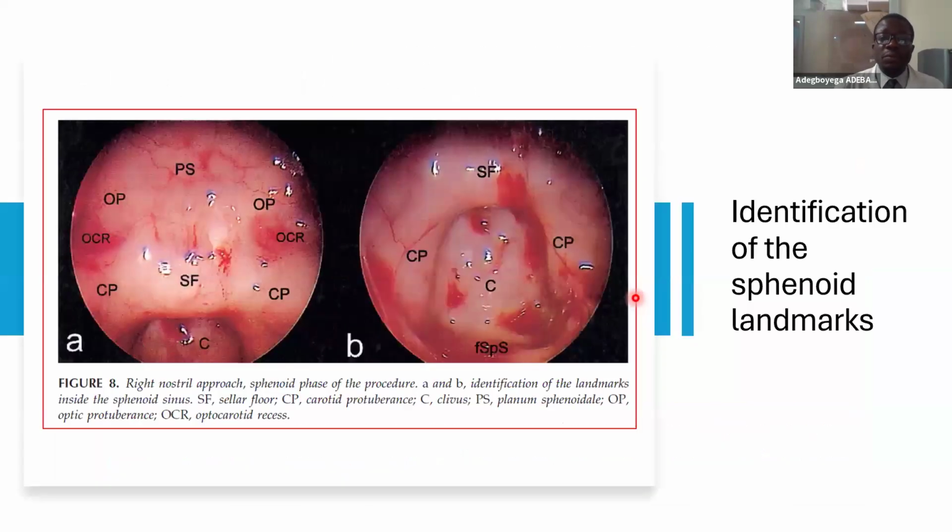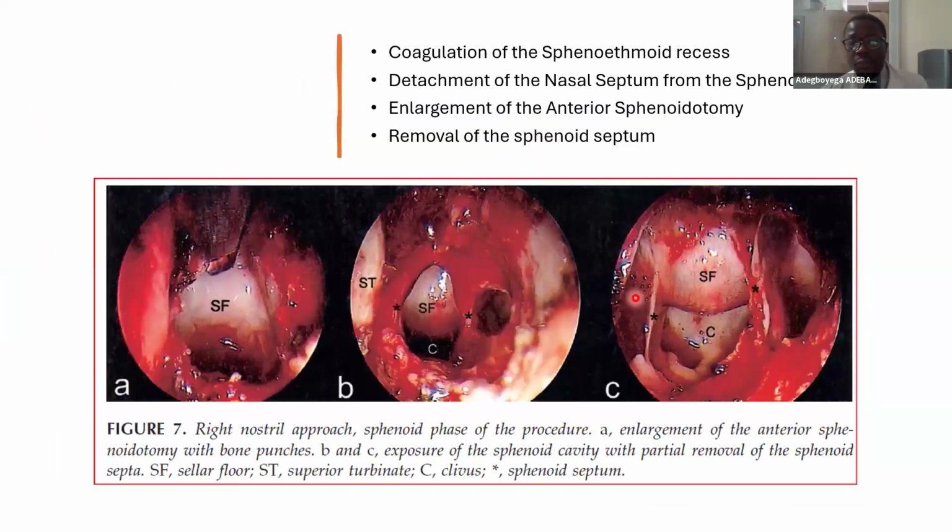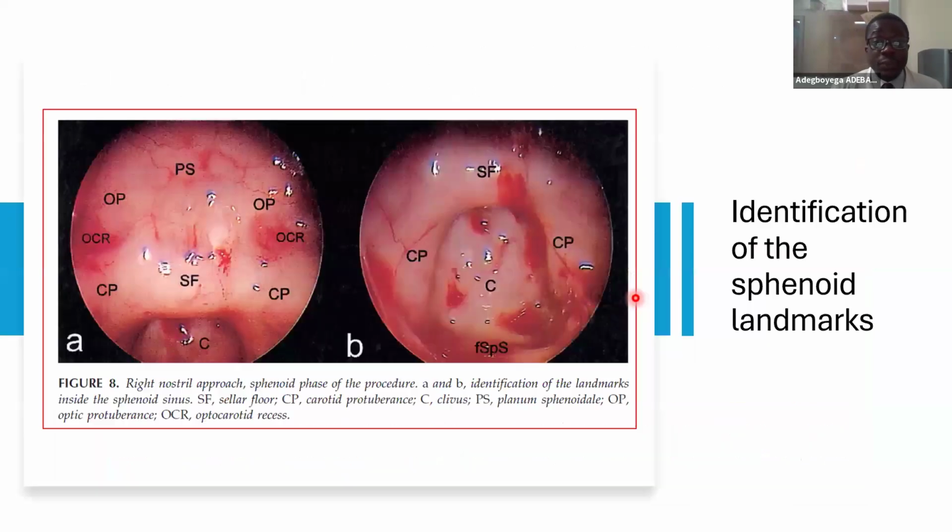After entering the sphenoid sinus, the anatomy of the structures and the landmarks in the sphenoid sinus needs to be noted so that it will guide one in where to go, appropriately entering into the sella.